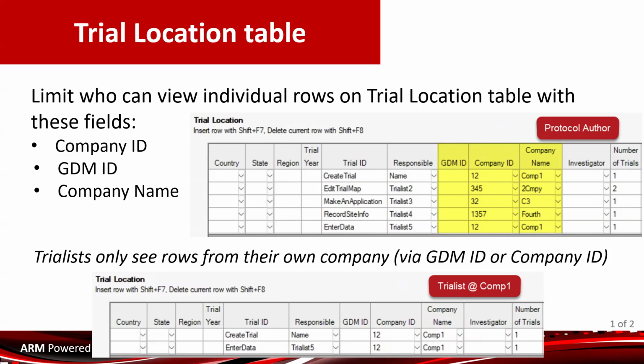So we added these fields highlighted in yellow to be able to assign and link these trials to an actual ARM license, or technically really assign it to an ARM company. And so you can fill in either the GDM ID, which is like a 6-letter code that every ARM license is given, or their company ID.